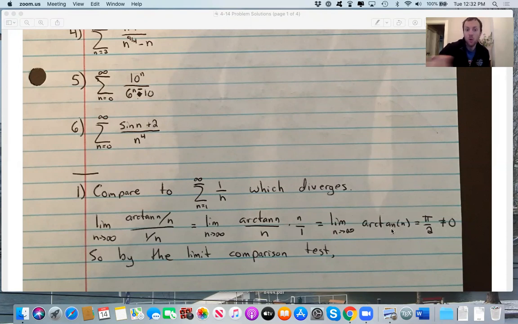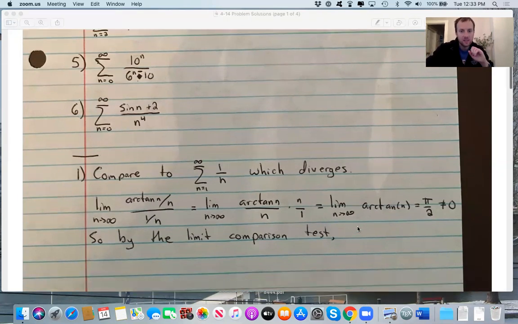This function has a horizontal asymptote of pi over 2. What you're really looking for here, and there are a bunch of different tests that have different ranges you're looking for, in the limit comparison test, you want the limit to be anything but 0. So pi over 2, that works.